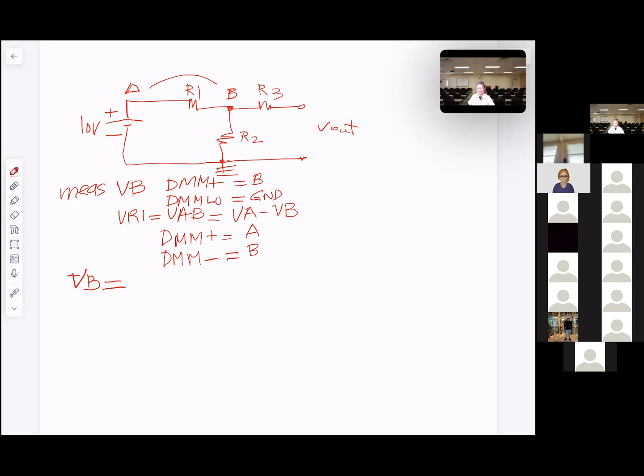We don't care about the values of R1, R2, R3. We really care about the formula. R1 times... If you want VB, how do we calculate it? V total minus VA.